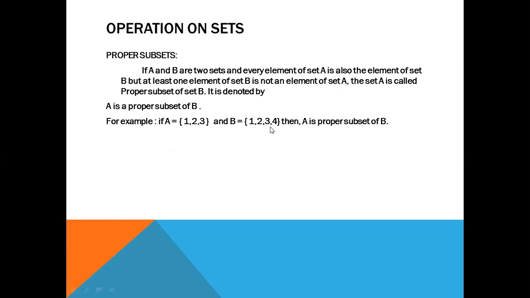So 4 is the element which is present in B but not in A. So it means A is a proper subset of set B. A will be the smaller one and B will be the larger.